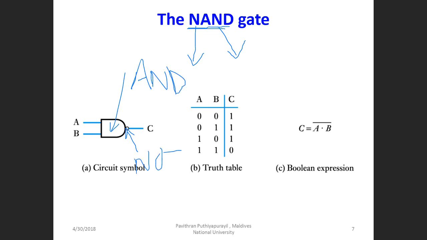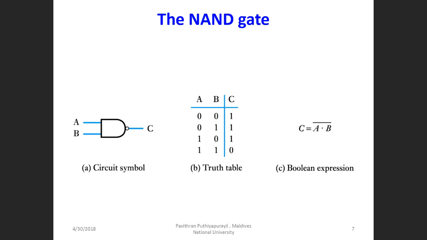Bubble represents your NOT. So in the name also you can see AND, before it there is NOT, NAND gate. So NAND gate is a combination of AND gate and NOT gate. Okay?